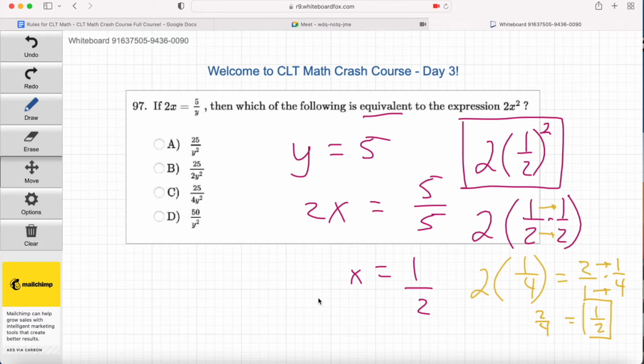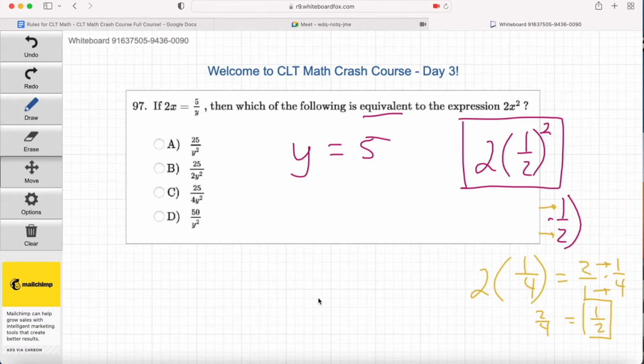Okay. So now all we've got to do is pick the answer choice that gives us 1/2. I'm going to clear some space here on the whiteboard. But remember, y is 5. That hasn't changed. We set that value. It's still 5. So let's plug in a 5 for y into the answer choices and see what happens. Can I see you work this out on the whiteboard? Just plug that into the first answer choice? Absolutely.